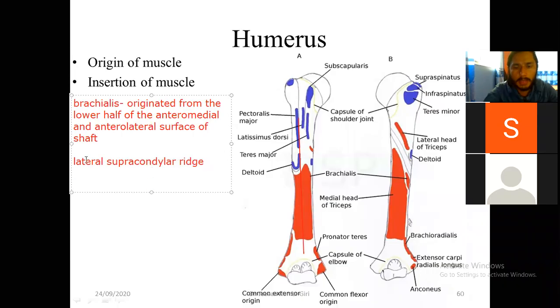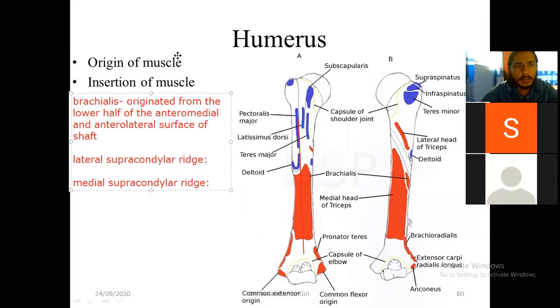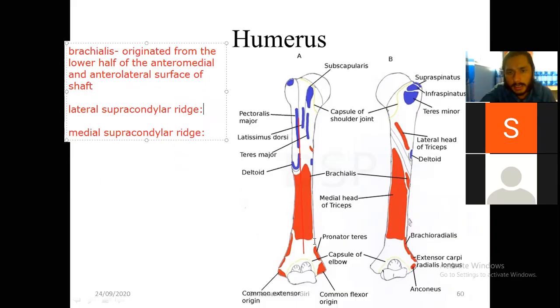And we have got the next one also. Now let's see here. What are the muscles in this? This is the medial supracondylar ridge, isn't it? And the next one is the lateral supracondylar ridge, isn't it?